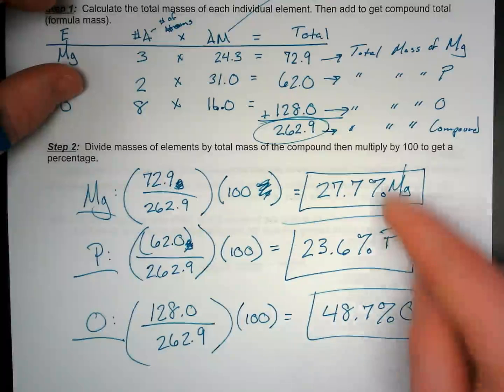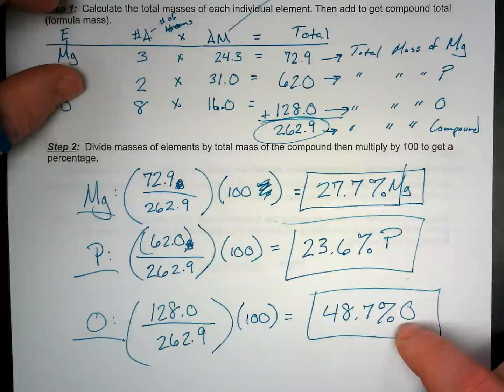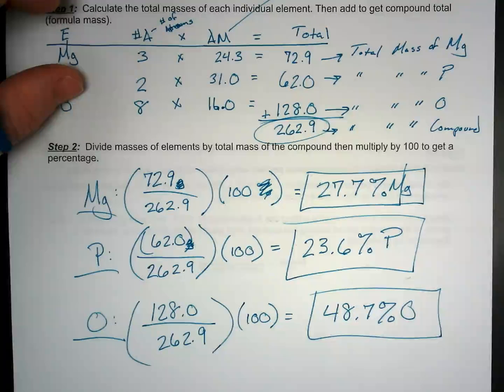It is possible where our percentages do equal more than 100%. And so there may be a key, I can't remember off the top of my head, where I kept my percent composition to exactly 100%. And to do that, I had to kind of fudge some of the numbers.